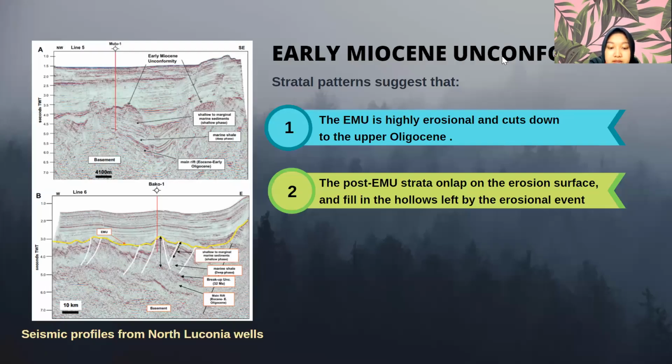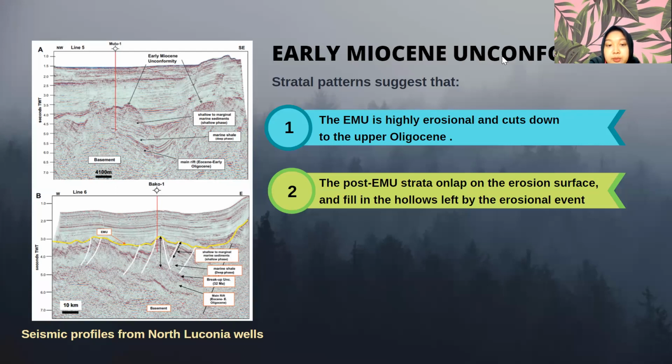All right, for the early Miocene unconformity that I already mentioned before, this seismic evidence suggests that the early Miocene unconformity is strongly erosional, as shown in this figure, and represents a major break in sedimentation and/or erosion.